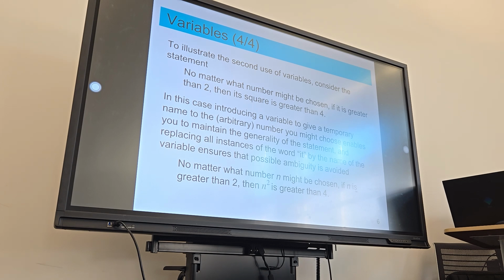So all real numbers greater than 2 are in the set being considered here. You can say that no matter what n might be chosen, if n is greater than 2, then n squared is greater than 4.